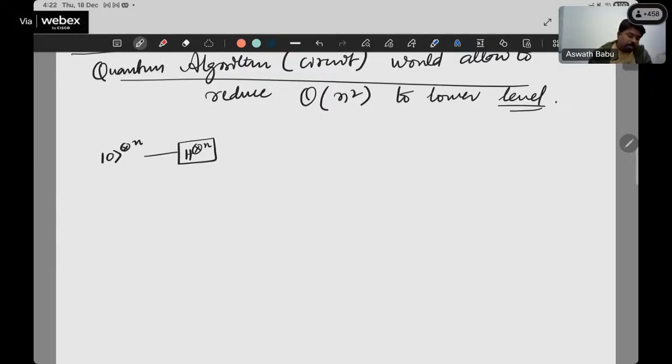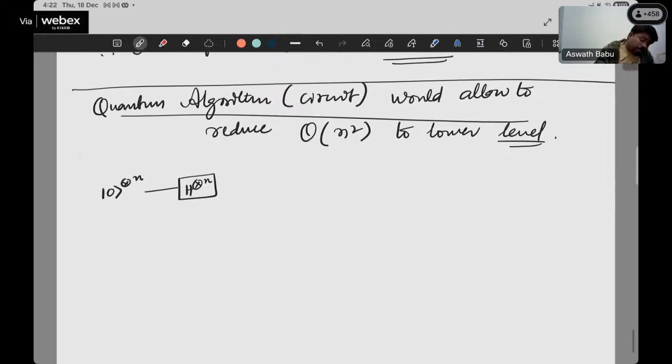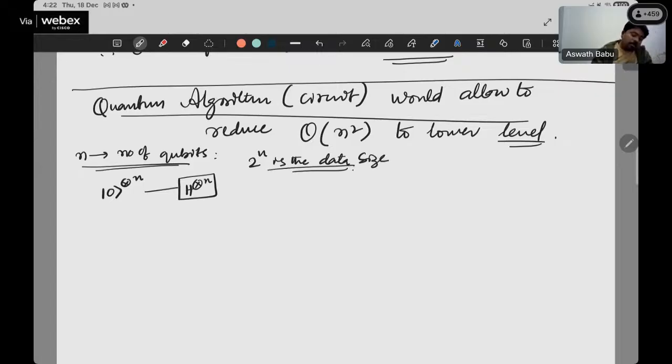Please mind that n stands for the number of qubits. N is the number of qubits. The data size for us is 2 to the power of n, so 2 to the power of n bit strings.